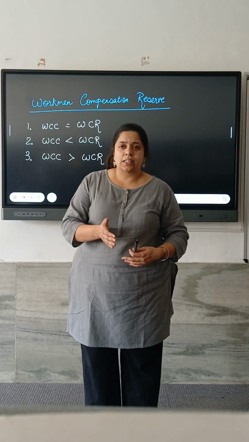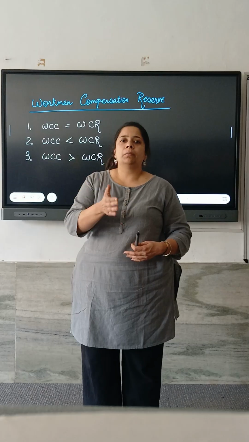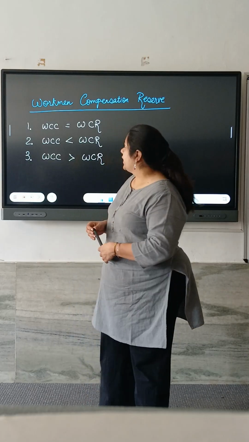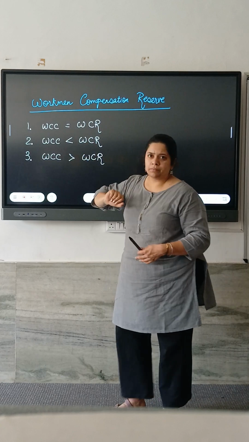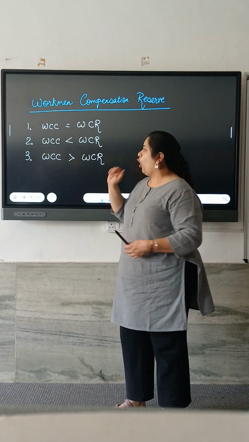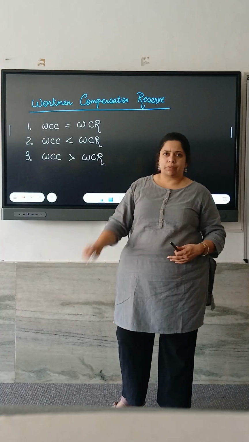If that is the case, then how much workman compensation claim are they demanding? Is it exactly equal to the reserve, is it less than the reserve which you have set aside, or is it more?